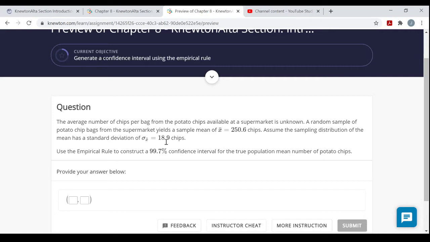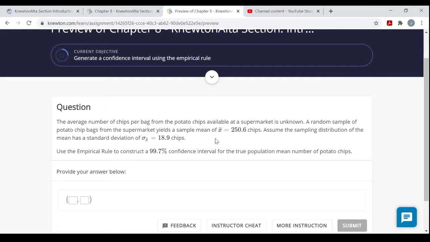And we're assuming here that this sigma x bar is 18.9 chips. Let's use the empirical rule to construct a 99.7% confidence interval for the true population mean number of potato chips.